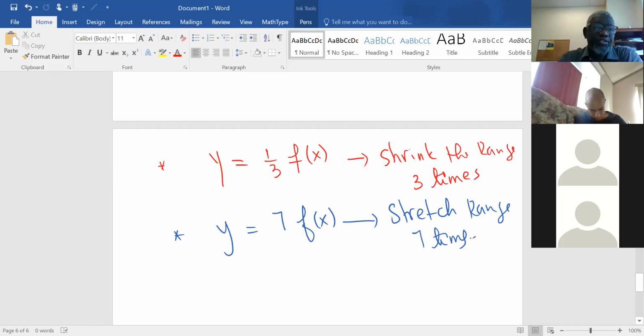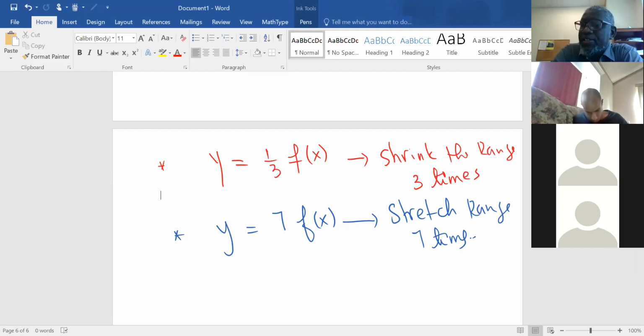And when you do that, does it matter if it's a fraction or not? It does matter if the number in front is less than 1, right? That does matter.